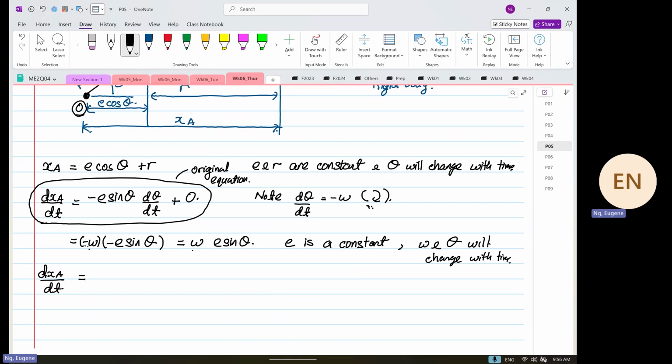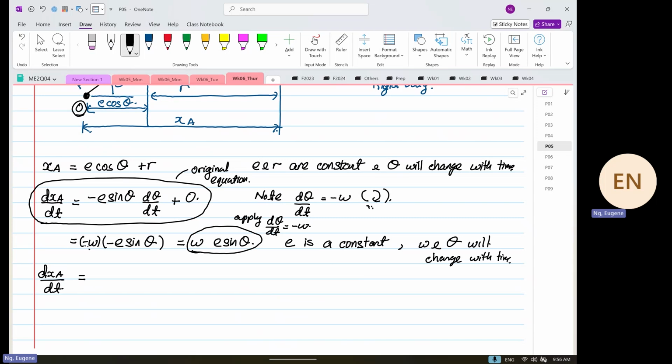Over here, this is where we apply d theta over dt to be equal to minus omega.